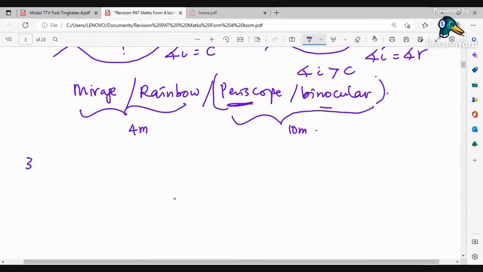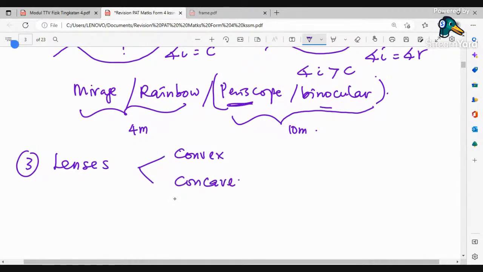Okay, then we discuss about lenses. Okay, convex, concave. Jadi untuk convex concave, you must know how to draw ray diagram. Complete ray diagram.